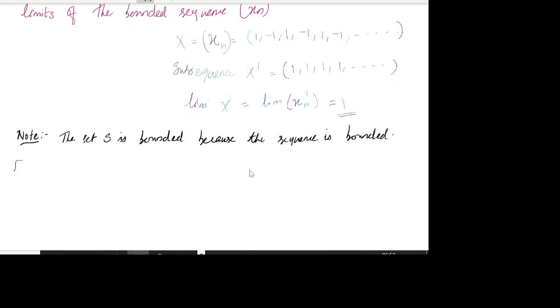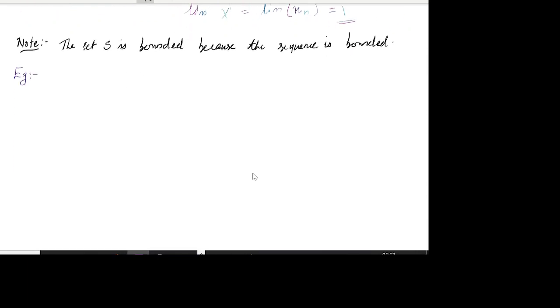Now example, consider the sequence xn equal to (-1) raised to n plus 2 by n. This is the sequence given.